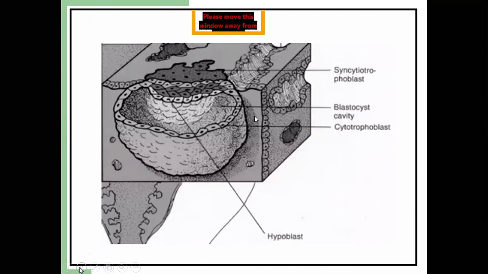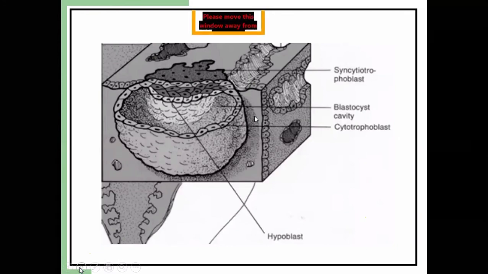So you'll have now the formation of your syncytial trophoblast. You have your blastocyst that was implanted, and you have the cytotrophoblasts, which are distinct cells. The syncytial trophoblasts are dark cells, and there's no distinct nucleus visible.